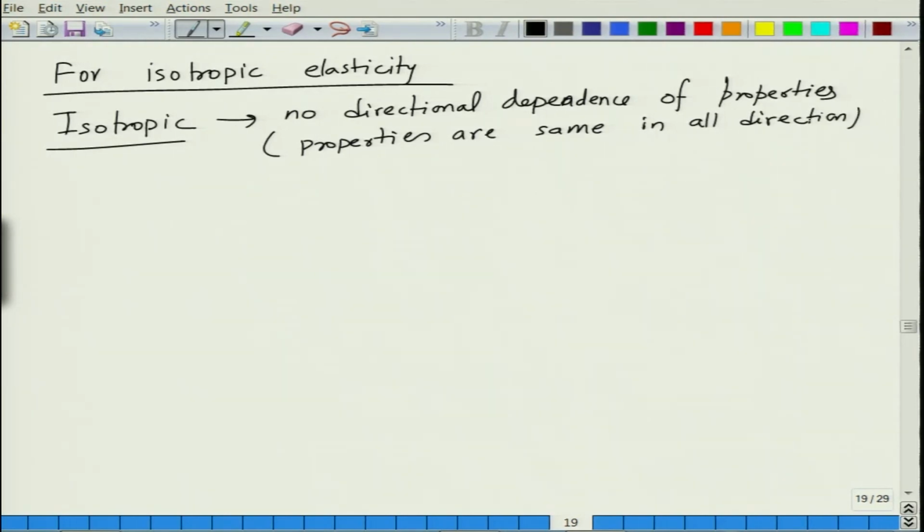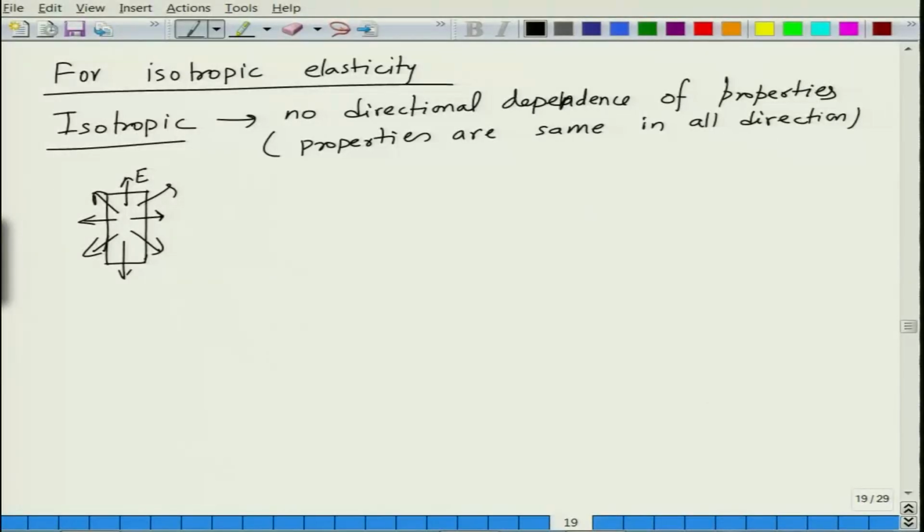So, here what we mean is that the modulus of the material is similar in all directions. So, if you take a cube, let us say, or if you take this bar, the E is the same in all the directions. This could be a fair approximation as far as polycrystalline materials are concerned, but it is assumed to make things simpler, but life would be a little harder than that.